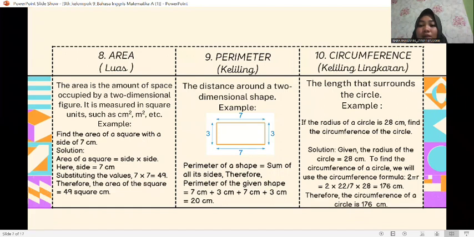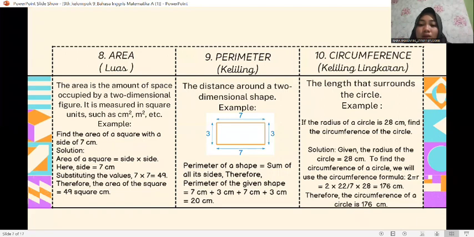The radius of the circle equals 28 centimeters. To find the circumference of a circle, we will use the circumference formula, which is 2πr. π is 22 divided by 7 or 3.14.